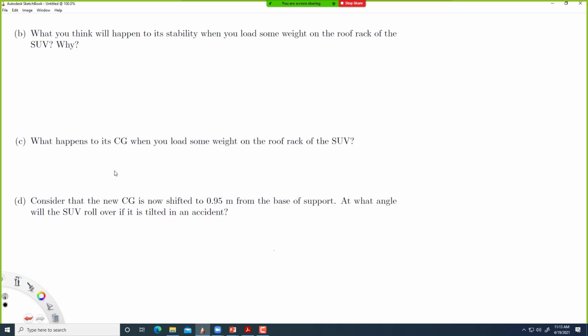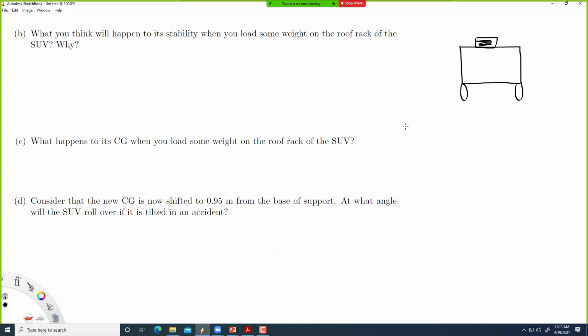So what do you think will happen to its stability when you load some weight on the roof rack of the SUV? Why? So you have this SUV, okay, and you put some weight on the top here. So what will happen to the stability? It'll decrease the stability. Yeah. Why is that?